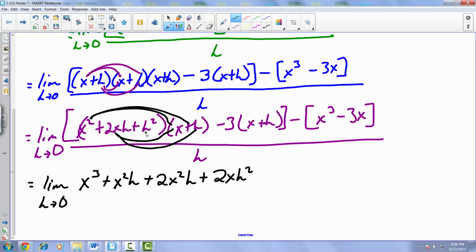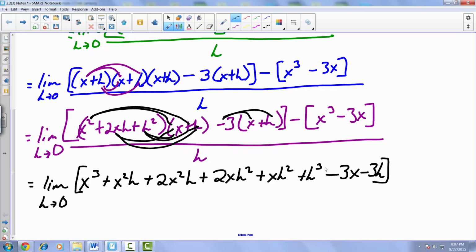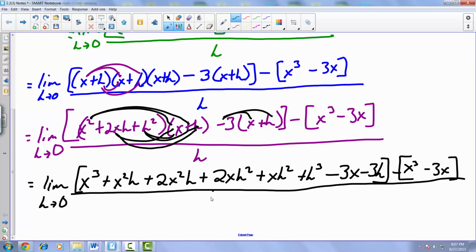Moving on to the last term, h squared times x gives us xh squared. And then h squared times h gives us h cubed. And this is minus, distributing in this negative 3 to both items, we see that it comes out to be negative 3x minus 3h. So that would be the entire first piece with all the distribution. Then we have minus x cubed minus 3x all over h.